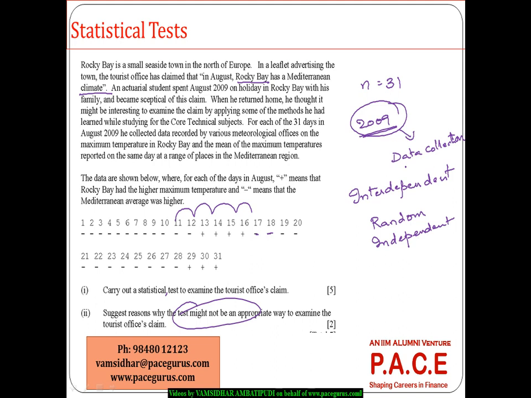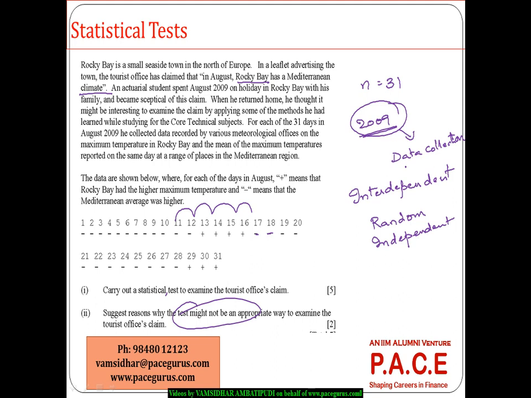And it could very much happen that the temperatures in 2009 would have been slightly lesser in the Rocky Bay compared to the Mediterranean region, or probably the Mediterranean region would have been hotter during this time frame.